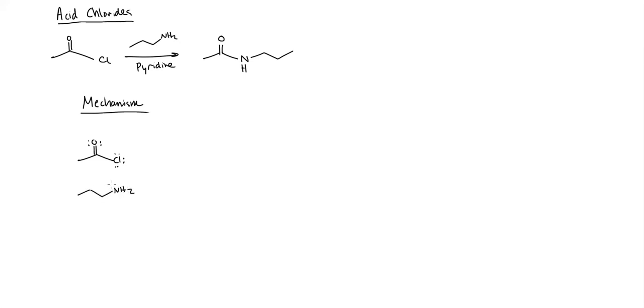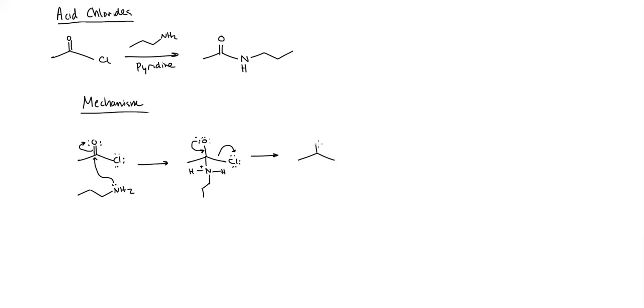So this amine can come up and attack there, and then those electrons are going to go onto the oxygen. So this gives me my intermediate. This is going to reform the carbonyl and the chlorine leaves. We've seen this before.